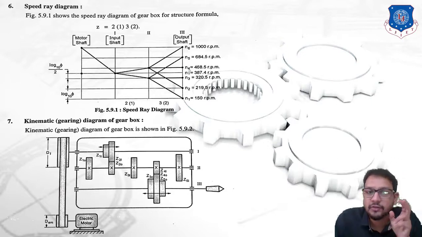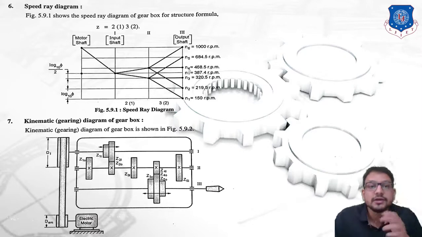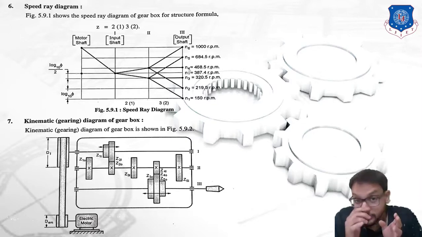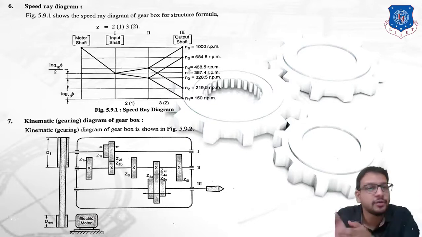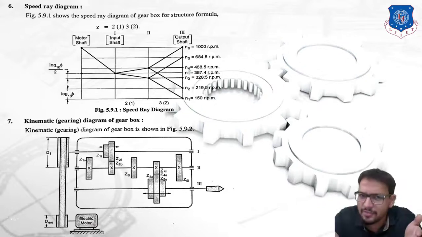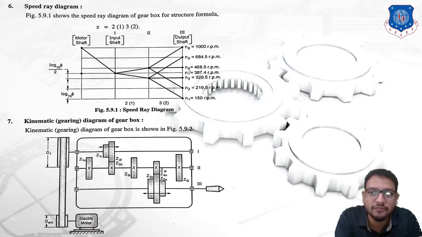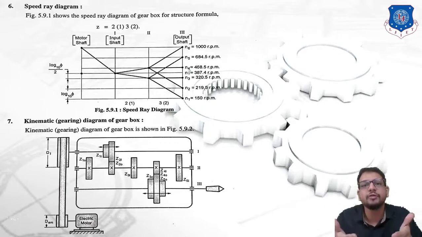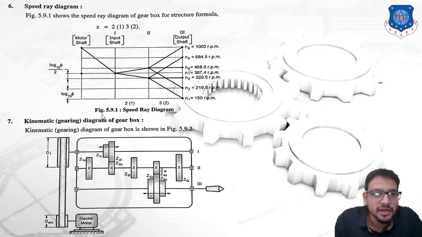It has been given in the data that the motor RPM is 1000, which means the number of horizontal lines will be equal to Z, that is our number of speed steps. Why? Because the maximum RPM of our gearbox and the motor shaft speed are the same. The motor speed is 1000 RPM and our n6 value is also 1000. So these lines will be equal to 6.